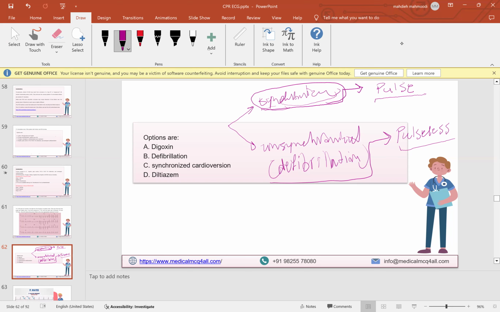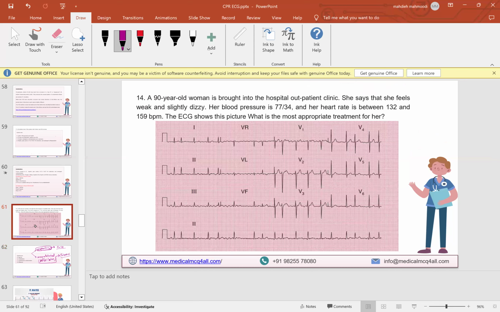Very good. So when the patient is sitting there talking to you, or even an unconscious patient but with a palpable pulse, the answer is never unsynchronized cardioversion unless your patient loses the pulse. You understand? Yes. Very good.